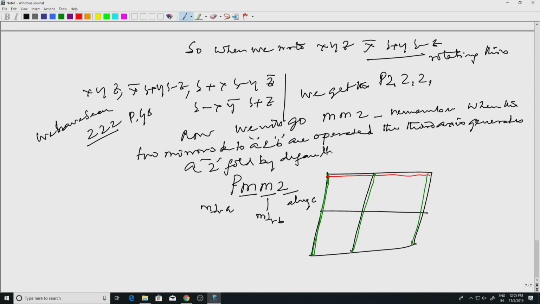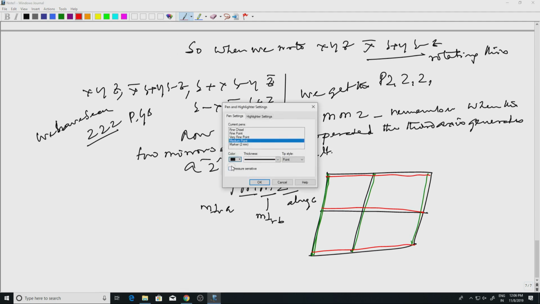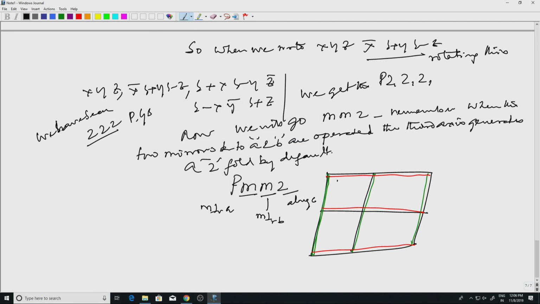This is the mirror perpendicular to A. So now when I operate this mirror, I get it here. When we operate this mirror, we get it here. Then obviously this comes here.